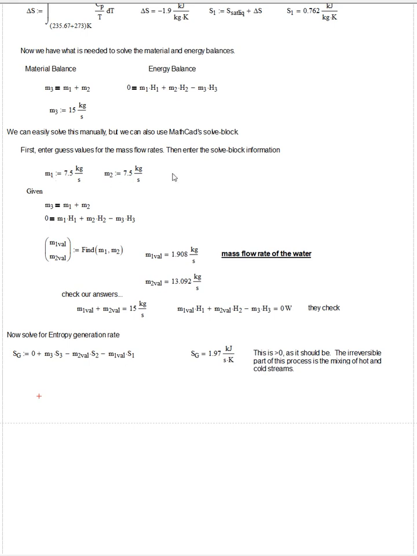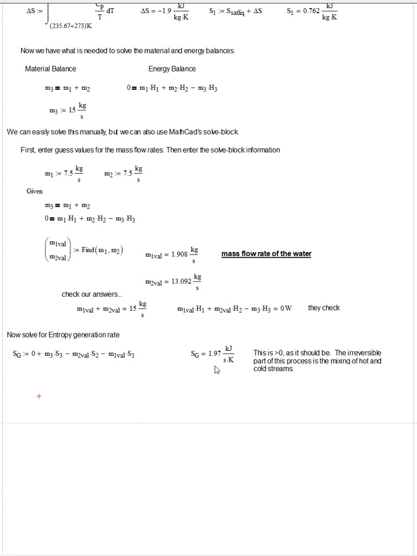Actually, M1 and M2 were the guesses, I should say. M1val and M2val have the answers. So we do that, and we get a total entropy generation rate of 1.97 kilojoules per second. We could write that as kilowatts per Kelvin. And the value is greater than 0, which it should be according to the second law if this is a realistic process.